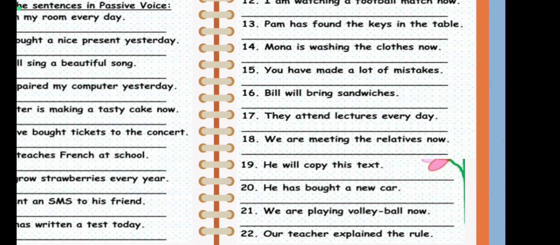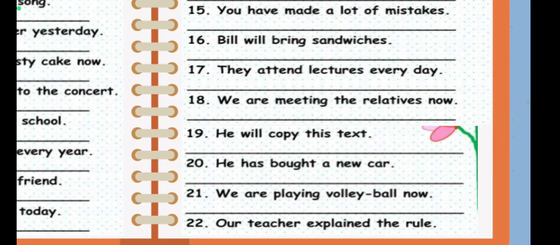Okay, now let's pass to Marcos. And the number 18. We are meeting the relative now.